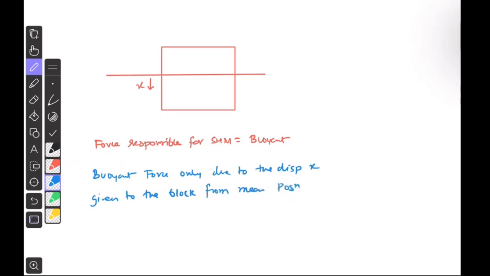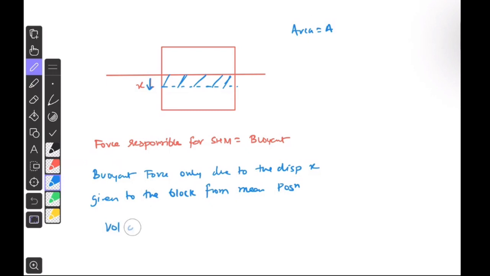So this is a block whose area of cross section is A. And if I depress this block into water by suppose length x, so the volume of the water displaced due to this x displacement of the block will be area of the cross section into x, no?